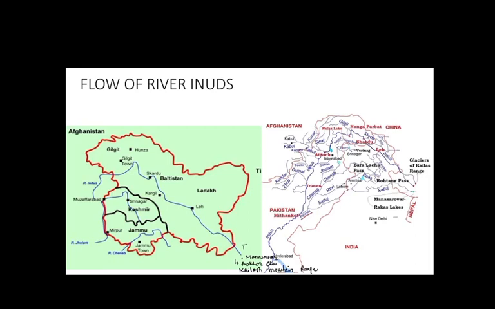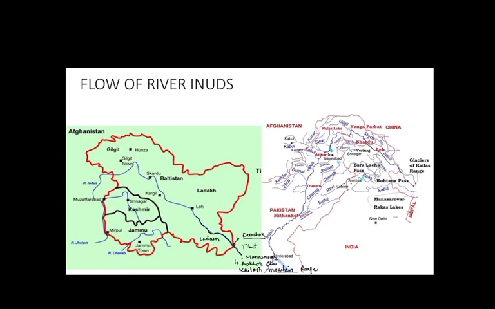It flows through the Tibet region. Then it enters the Ladakh region at a point called Demchok. Then it flows through the Ladakh region.